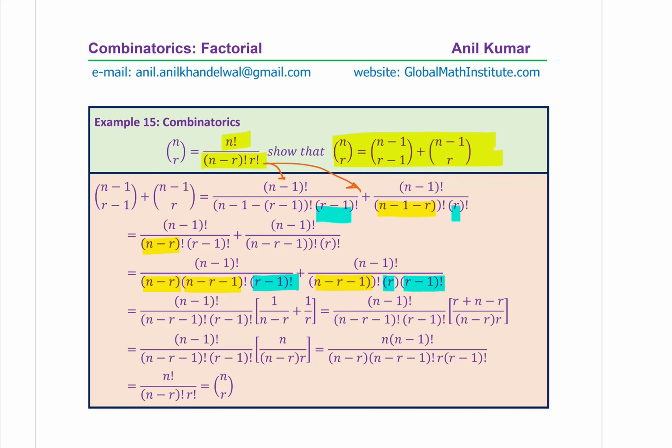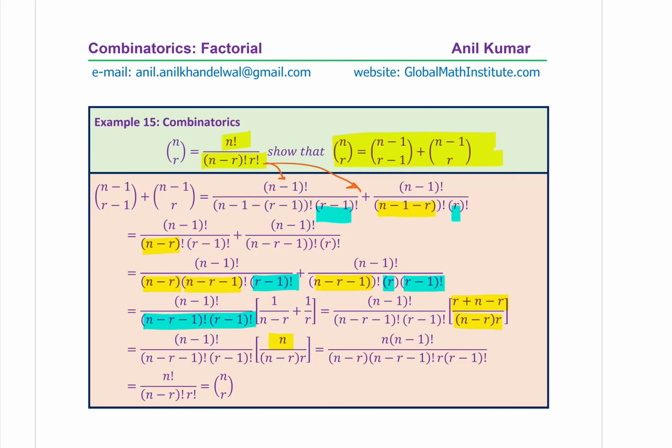So that becomes our strategy. We apply this strategy, take the common terms out, and within the bracket we have terms which are independent of factorial notation, and they simplify to our result. That is how we are going to do it, right?